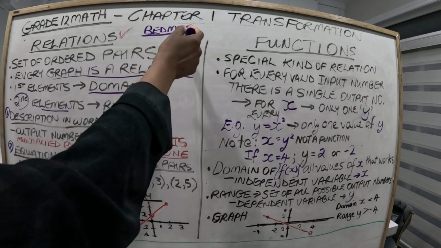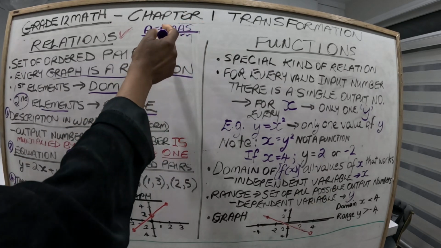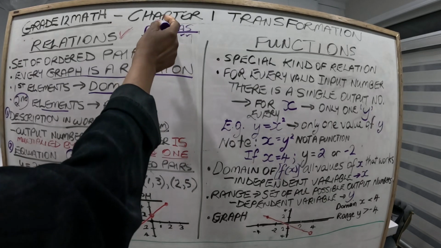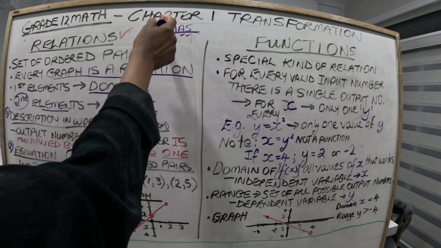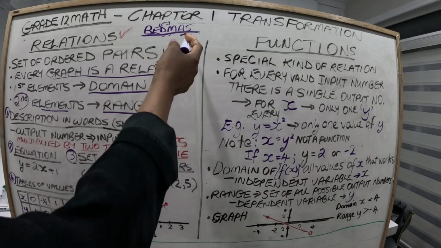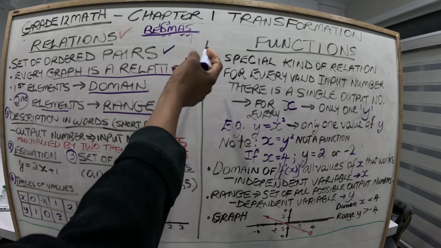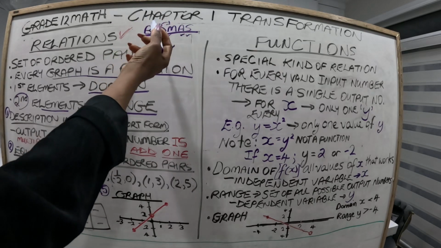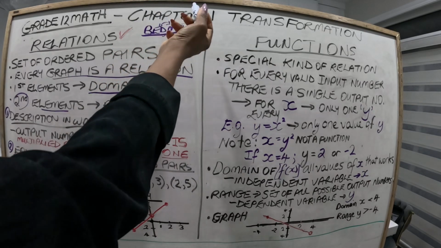Addition and subtraction doesn't really matter, to be honest. Also division and multiplication doesn't really matter because these are interrelated. They can be done anytime, but this is just for simplicity. BEDMAS: brackets, exponents, division, multiplication, addition, subtraction.